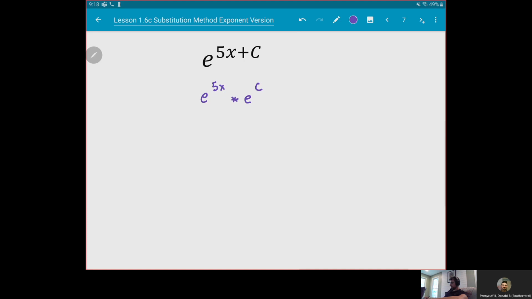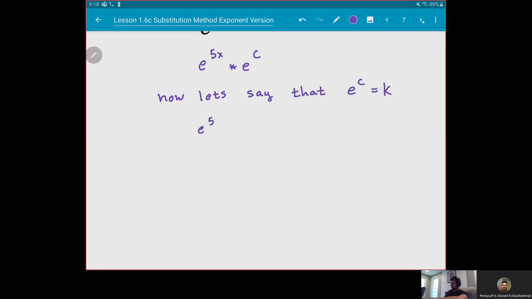Then I am just going to now, let's say that e to the c is equal to k. And so e to the 5x times e to the c becomes k e to the 5x.